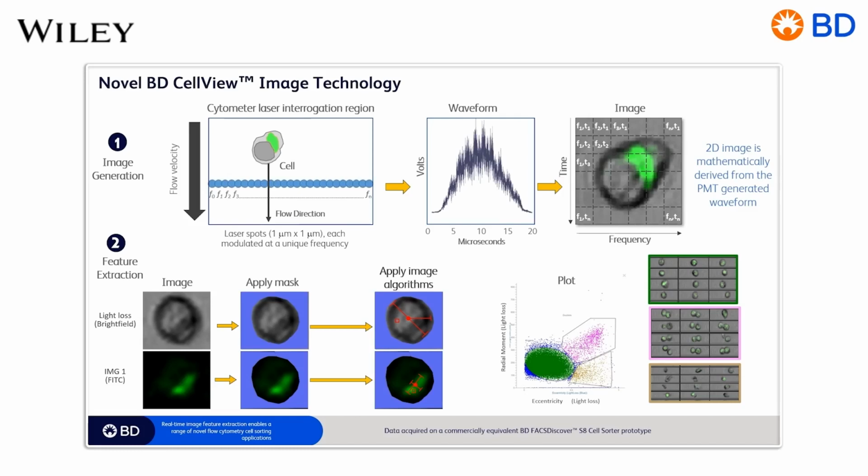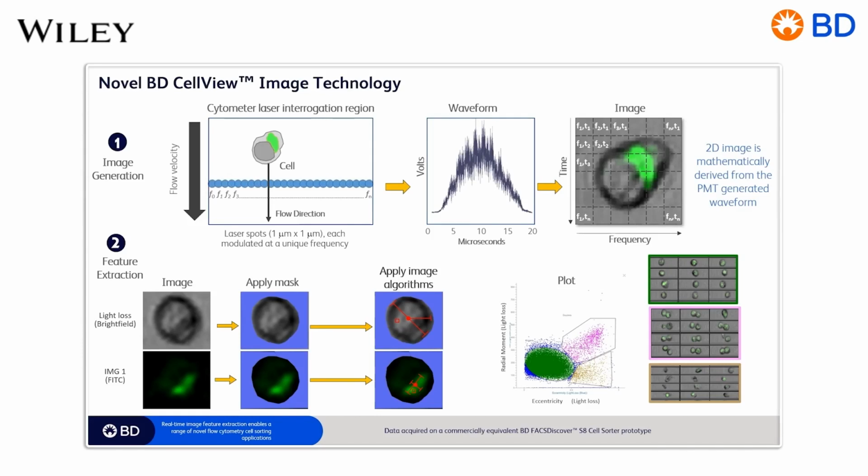All this information is encoded in this waveform here. If you look at the basic shape of that waveform, it looks like a traditional PMT pulse, but those jagged lines are actually all that frequency-encoded information that we can extract from that waveform in a process called Fourier transformation.